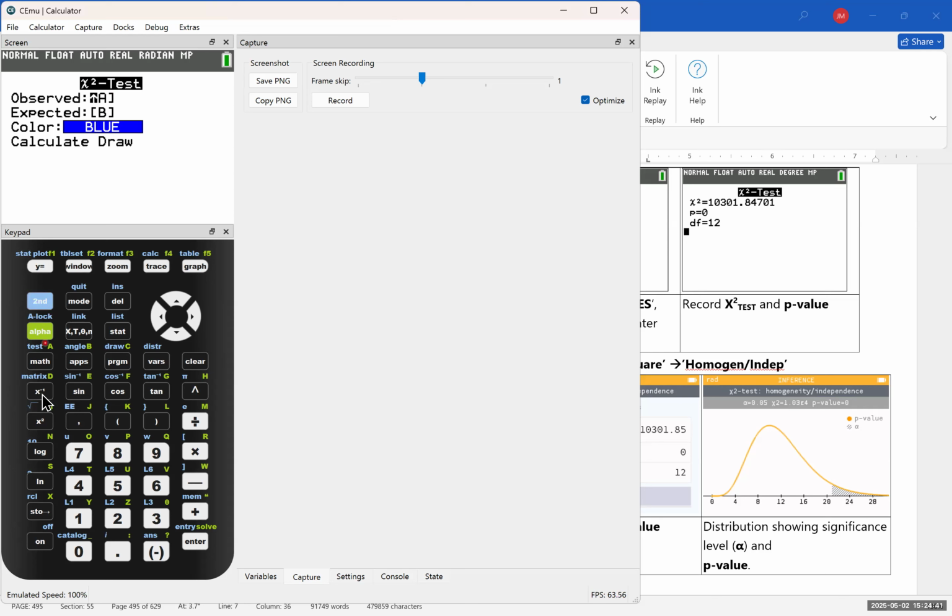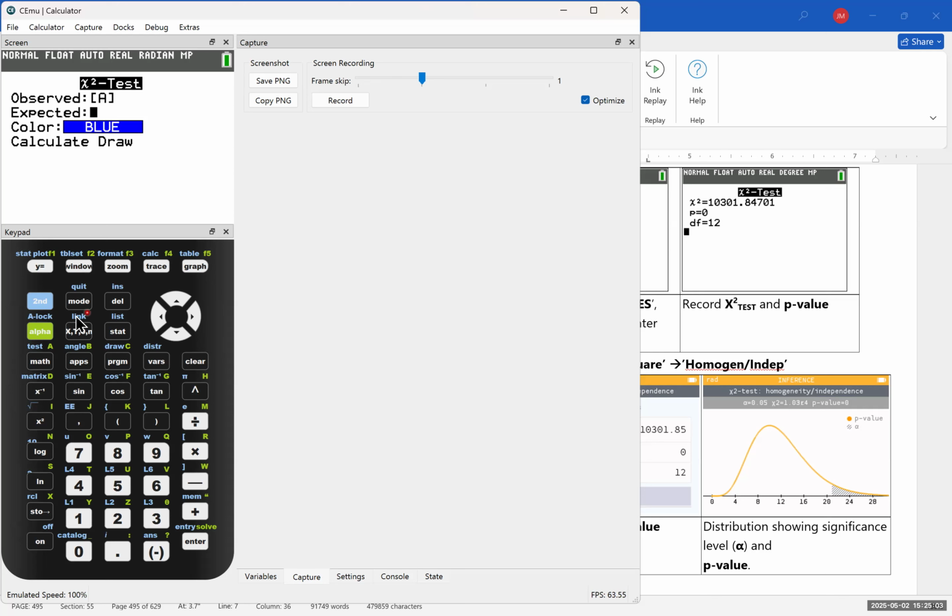So you hit second and matrix, and instead of going to edit, use names. And so we want to put A in that spot. So it'll print that A with brackets around it. And the expected, we want it to be B, but let's say we wanted the expected matrix to be C. That's how we would do it.